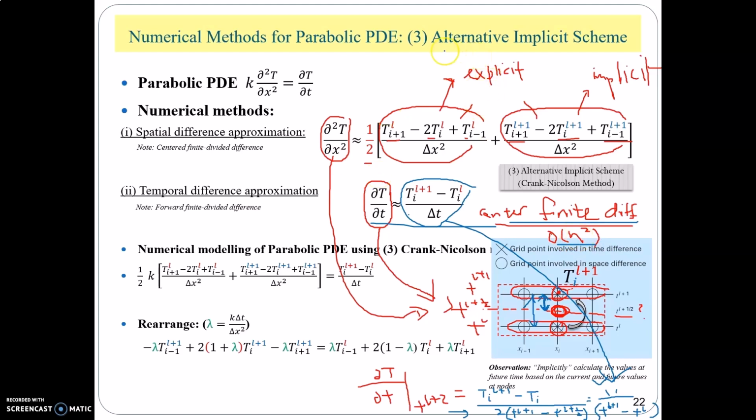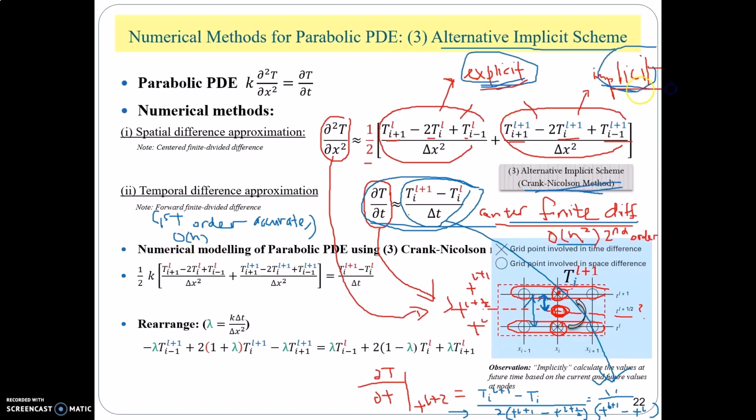It is very important for you to know that for the alternative implicit scheme, or what we call the Crank-Nicolson method, although the formula that we use to approximate the first derivative of temperature is the same as the one when we use explicit method or implicit method, however, explicit and implicit method only have first order accuracy, or what we call O(h), because explicit and implicit methods are using the forward finite difference method to approximate the first derivative of temperature with respect to time here.